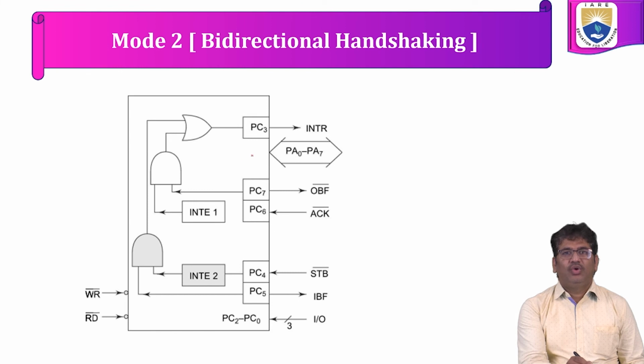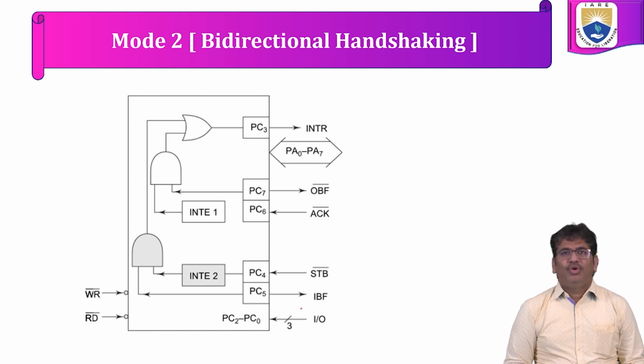Once the data is loaded into the port A latches, it will generate a control signal, output buffer full, to the IO device. Upon receiving this output buffer full, the data will be captured by the IO device through port A. After receiving the entire data, the IO device will send an acknowledgement to the 8255 indicating the data is received by the output device.